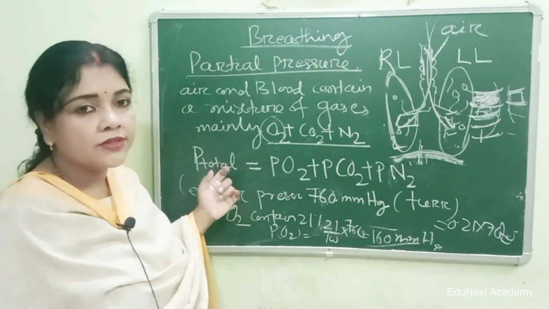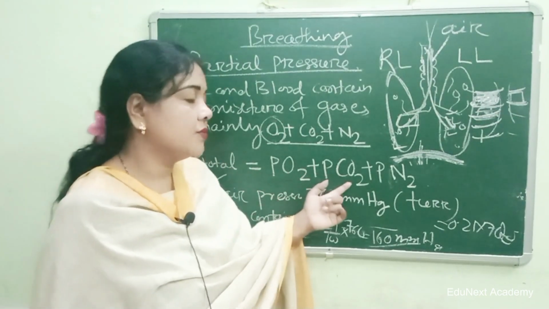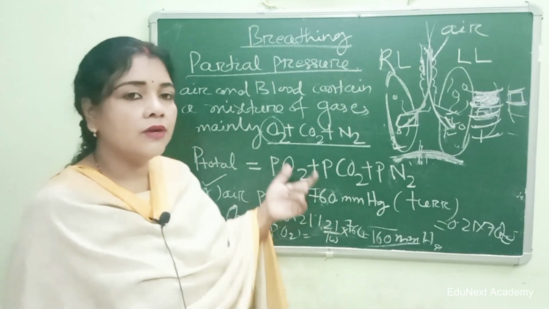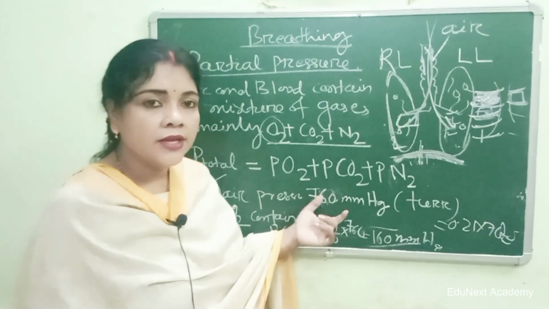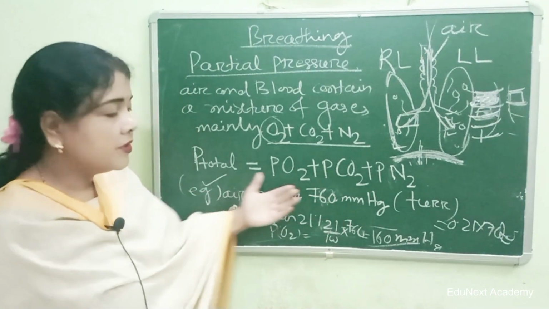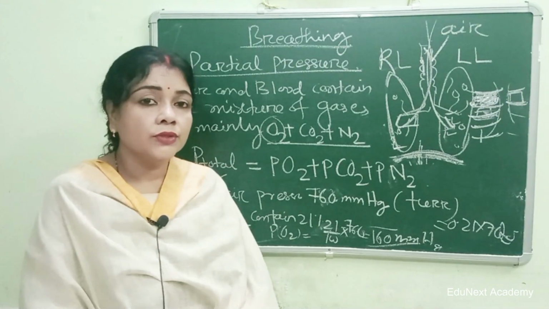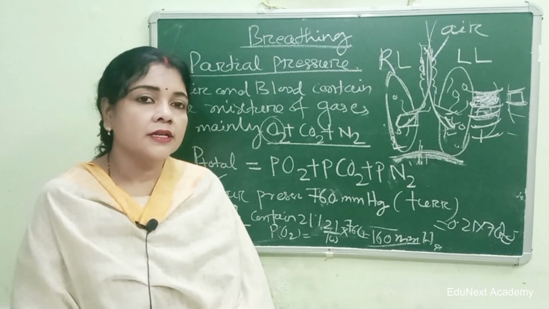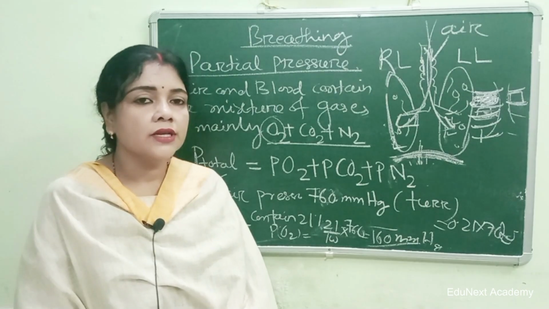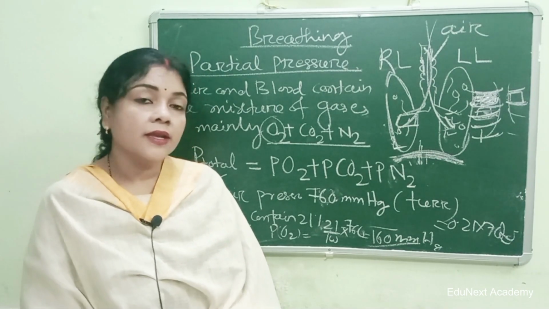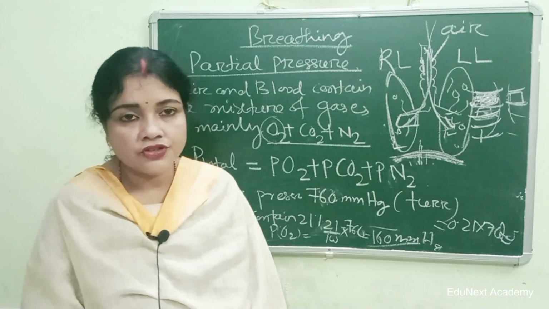That's why total pressure is equal to PO2 plus PCO2 plus PN2. Individually, the partial pressure of each gas can be calculated. So please remember this formula, and in the next class we will discuss more NEET questions, last year's and previous years' questions, on the respiratory system.